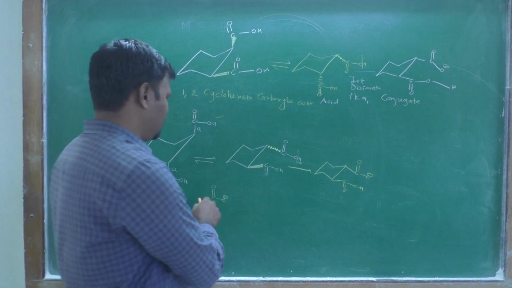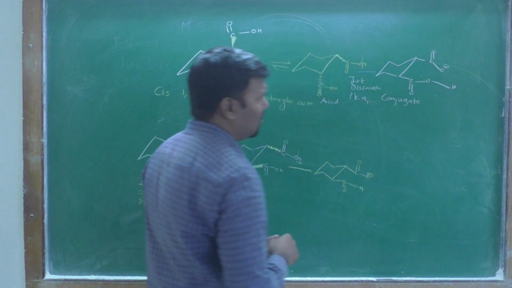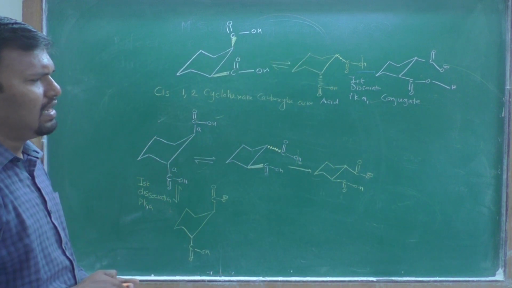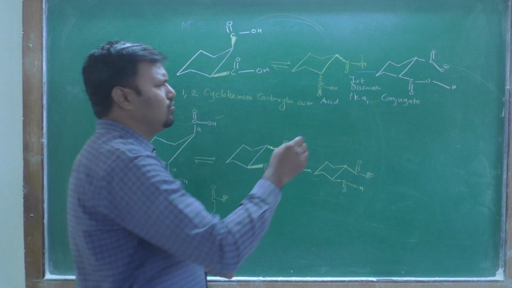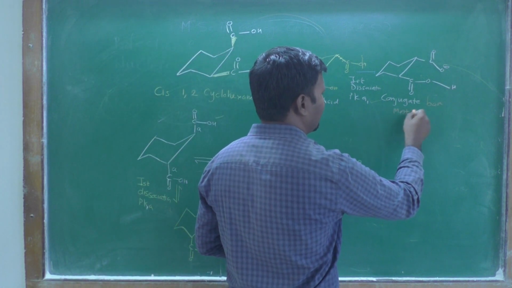When you compare the dissociation of this with this, you find that this conjugate base is more stable.